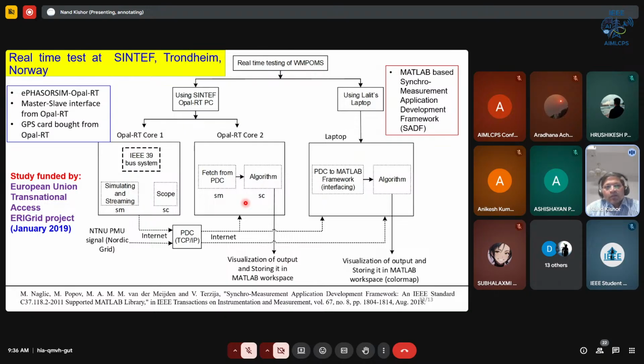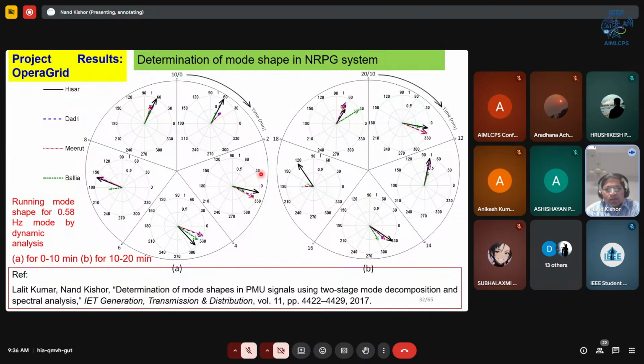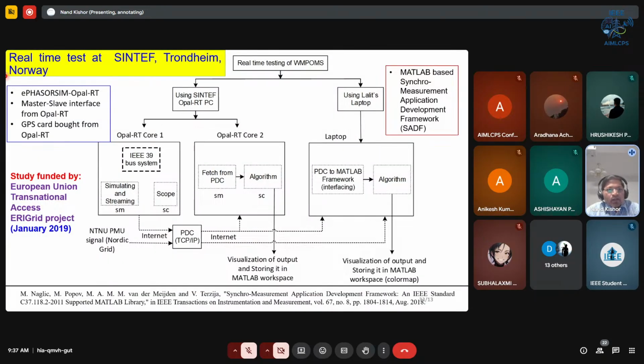The study I showed here was applied offline, but the algorithm was also tested in real time at CENTEF, and this is the block diagram or illustration to show how the integration was achieved to implement it in real time.